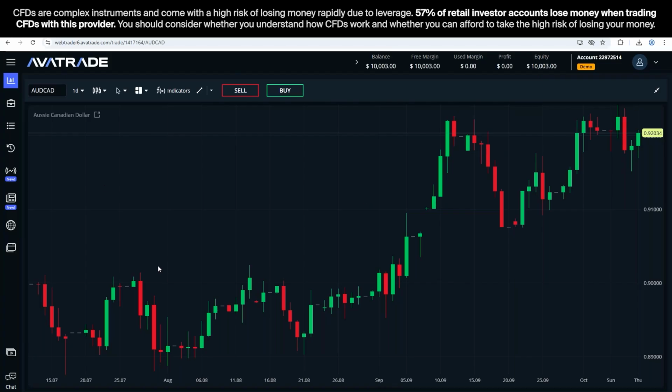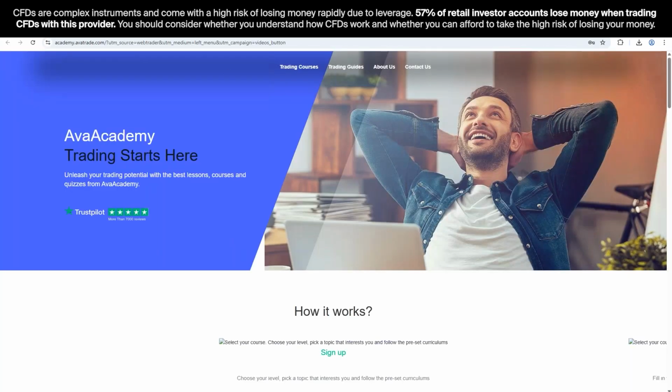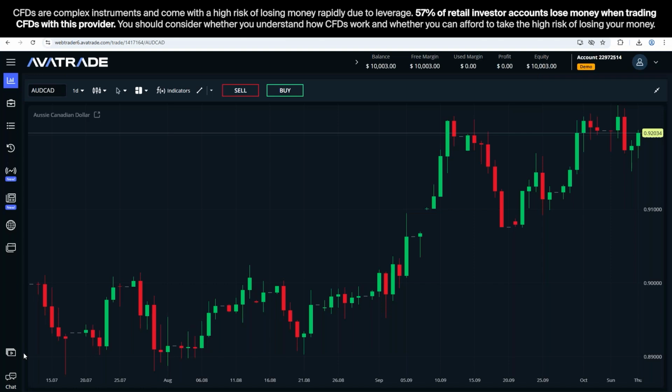In the default page, we can see there are menus to the left, and at the end of the menus, right at the bottom above the chat, you can chat with us or on WhatsApp. Above the chat, we've got tutorials and Academy. If I click on Academy, it's going to take me to the Academy. If I click on tutorials, it's going to open the tutorials right here on the website with sound and with subtitles.